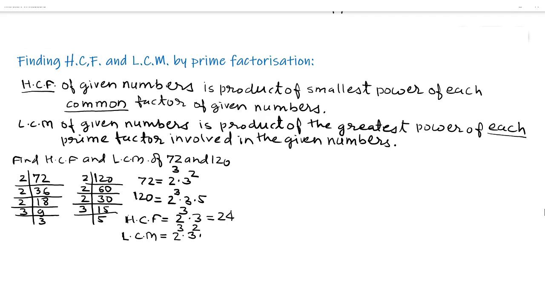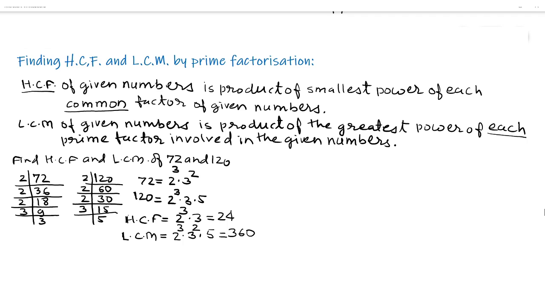Then we have to take each factor. So the only factor remaining is 5. So we take 5 also. And now our LCM will be 2 to the power 3 into 3 to the power 2 into 5. On multiplying all these, we get 360. So HCF of 72 and 120 is 24, and LCM of 72 and 120 is 360.